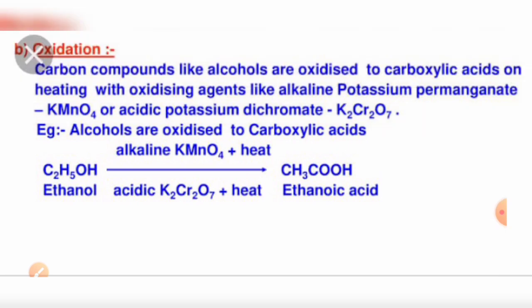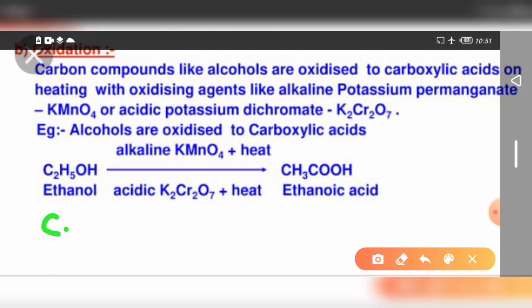In this reaction, how will it form? I write here C2H5OH. In this reaction, one oxygen will be there, meaning there will be emission of 2 hydrogen because oxygen valency is 2.